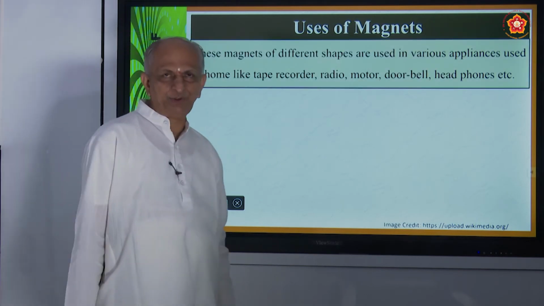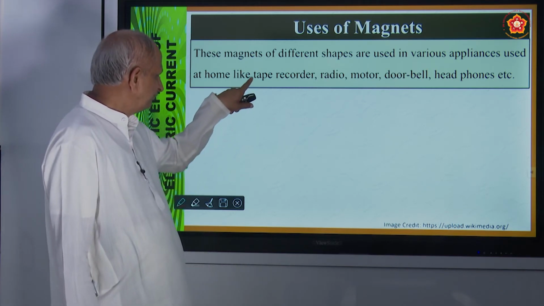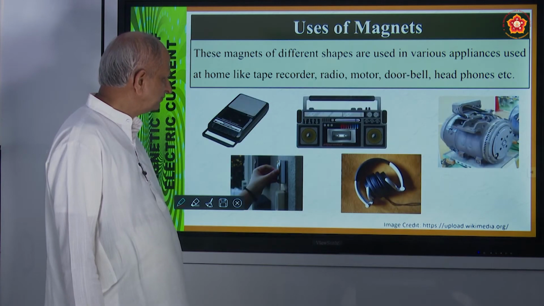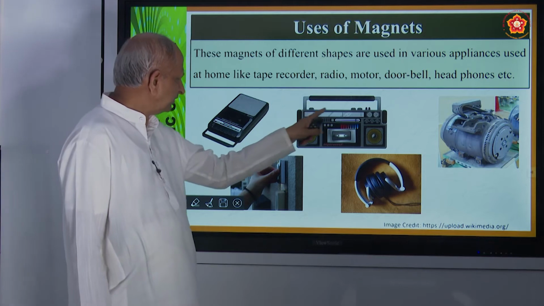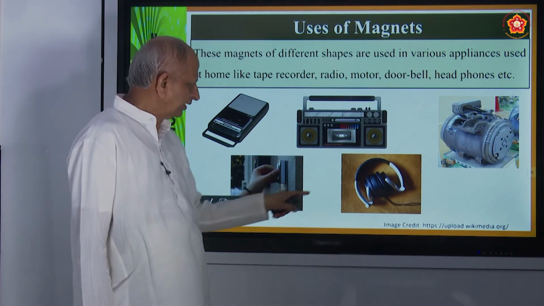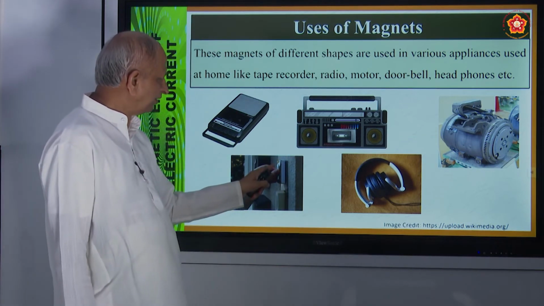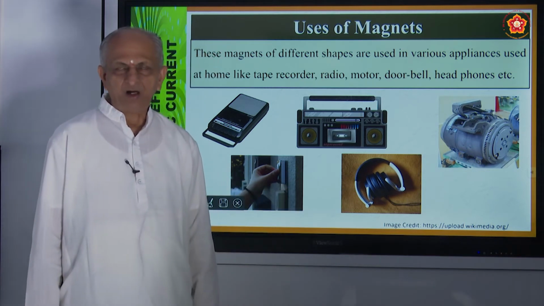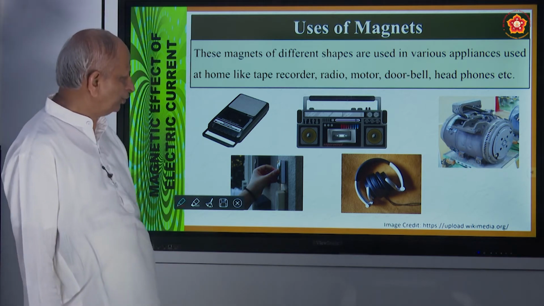And I need not tell about uses of magnets. So many uses are there. In tape recorder, you have seen a tape recorder? So this is the tape recorder. Tape recorder will be of this type, and this is radio, then motor, then doorbells, or you call it calling bell, headphones, etc. In all of them, there will be use of a magnet.